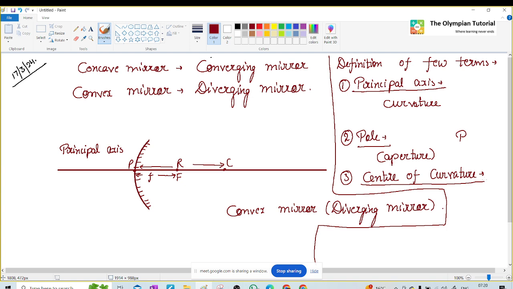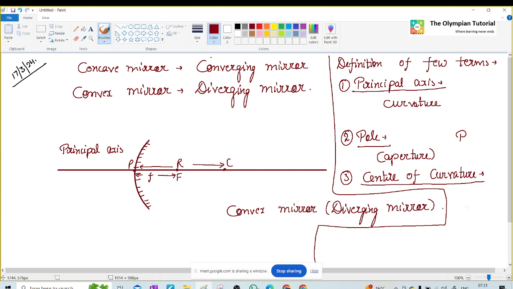Write down: the reflecting surface of a spherical mirror forms a part of a sphere which has a center.